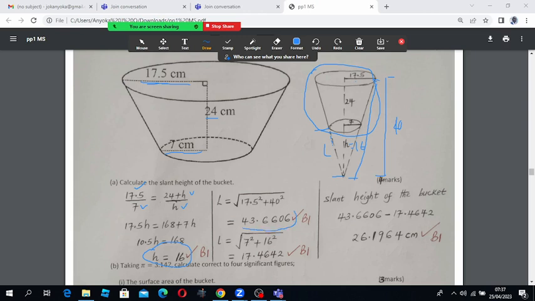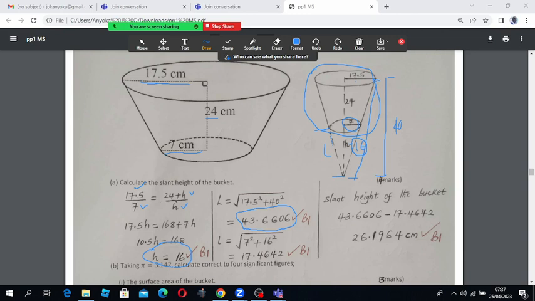Once we get the square root, we get 43.6606. The slant height for the small cone that was cut off will be 7 squared plus 16 squared, and the square root of it gives us 17.4.